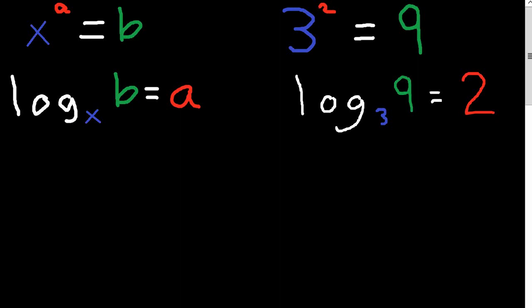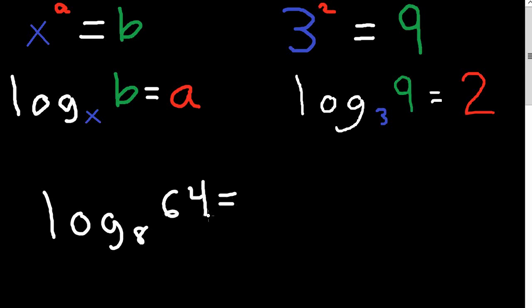Here, let me run you through some examples. I'll teach you the proper way to say logarithm base 8 of 64. You say the logarithm first, and this number is called the base. And this number, you say of, so logarithm base 8 of 64.